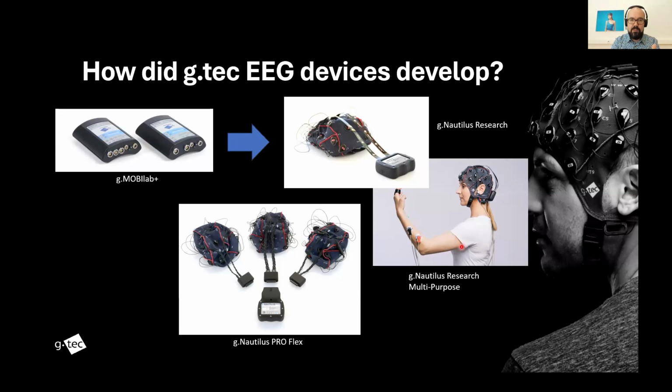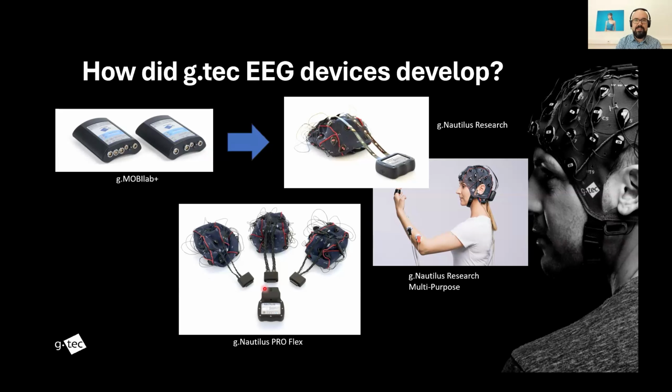So the user can be far away, up to 10 meters indoors from the PC. There will obviously be cables because you're adding sensors, but the sensors will be connected to the amplifier sitting on the back. And you will have a completely seamless wireless device for not only EEG, but other kinds of sensors.